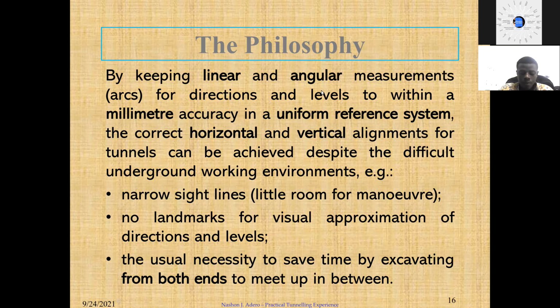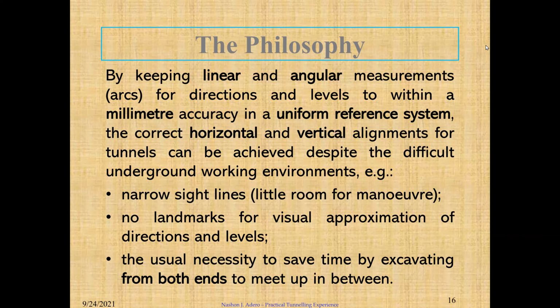Then the philosophy again is that if you can keep the linear distances and angular measurements for directions and levels to within a millimeter accuracy in a uniform reference system, the correct horizontal and vertical alignments of the tunnel can be achieved despite the difficult underground work environments.